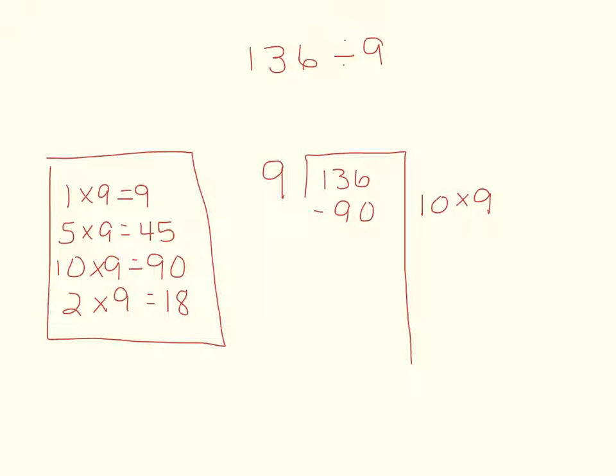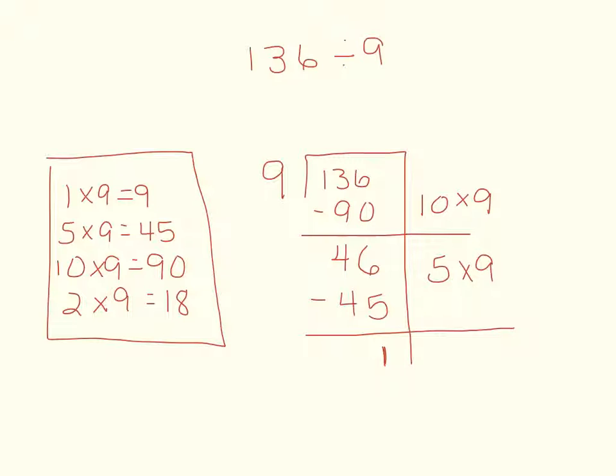So I'm going to take 90 and subtract it from 136, which leaves me with 46. And then if I look back at my think bubble, I see that 9 times 5 gets me to 45. So I'm going to do 5 groups of 9, which gives me 45. I subtract 45 from 46. It leaves me with 1.